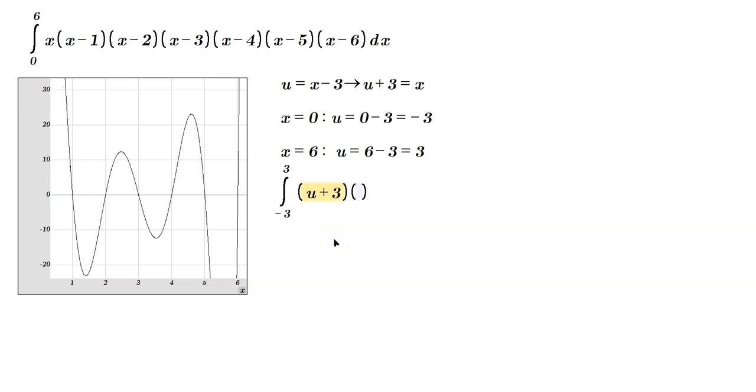And then where we have x minus 1, u plus 3 minus 1 is u plus 2. Where it says x minus 2, x is u plus 3, so it's u plus 3 minus 2, which gives you u plus 1. Then x minus 3 itself gets transformed into u directly. And you repeat that on the other side.